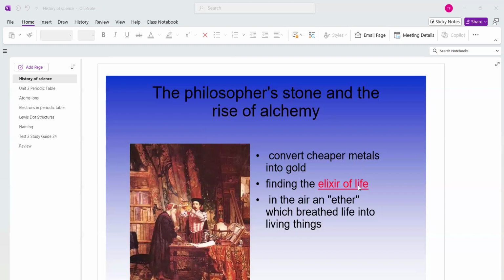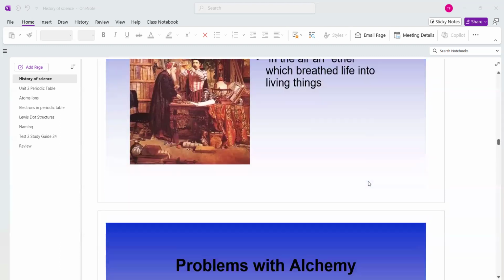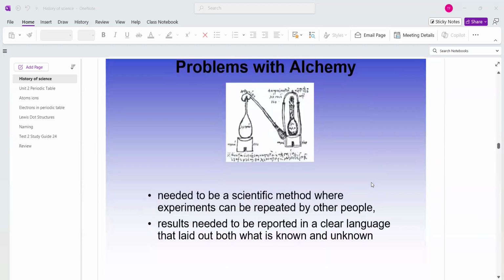So, and of course, every king wanted a set of alchemists because they were trying to take cheaper metals like tin and lead into gold. And so that's what kind of funded the alchemists. And so they had to put a certain amount of energy into that. But really what they were trying to do is they were looking for the elixir of life. And they did a lot of experiments, quote unquote, and stuff to impress the king. There were two main problems with alchemy, though.